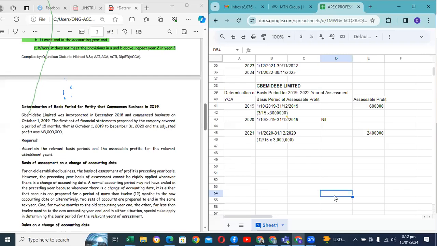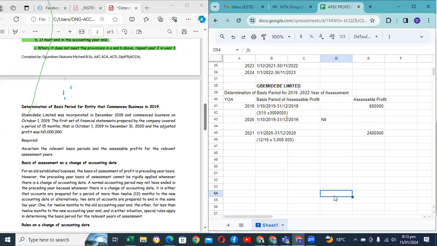Let's go ahead. There are many reasons why an entity may choose to change its accounting date. Number one could be to comply with government regulation. Number two could be to comply with the directives of the parent company. Number three could be for effective tax planning purposes.